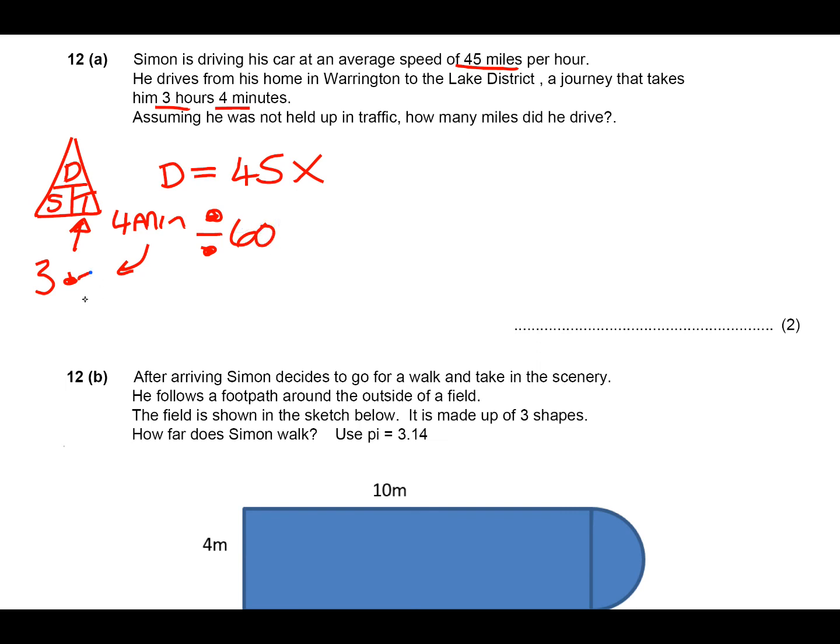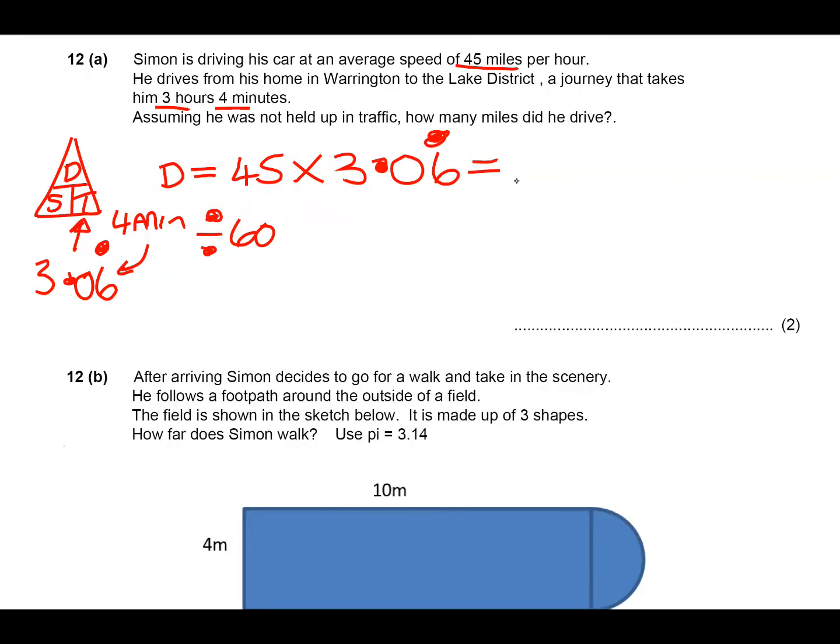And we get 0.06 recurring. So up here, we have to multiply our speed by 3.06 recurring.